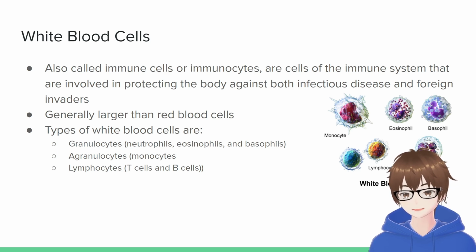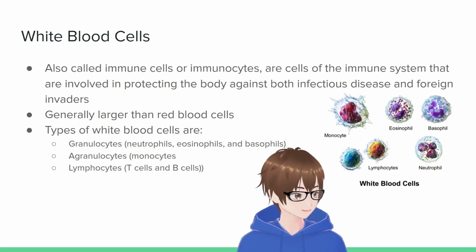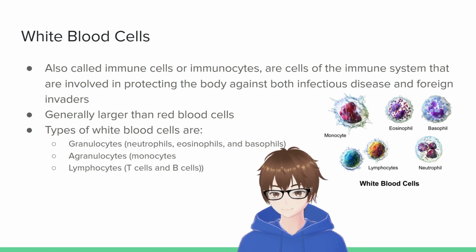They are generally larger than red blood cells, and the types of these white blood cells are as follows. And let me move myself right here so you can see the pictures of them as I'm talking. We have granulocytes, which are neutrophils, eosinophils, and basophils. And then you can see the pictures of them right there. And then we have agranulocytes, which are monocytes.